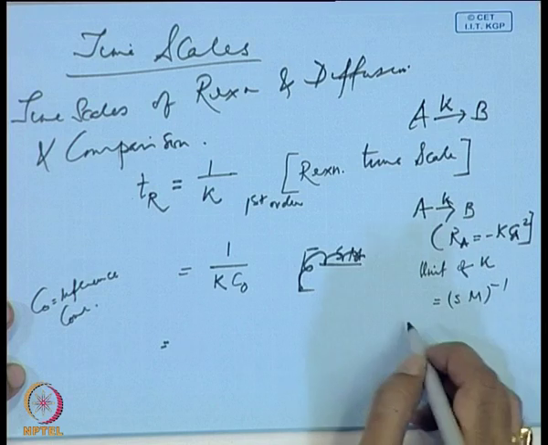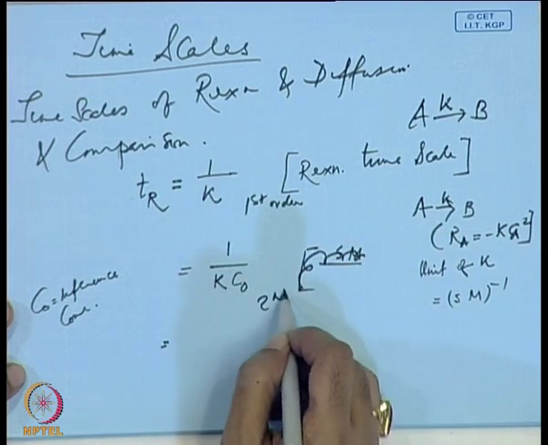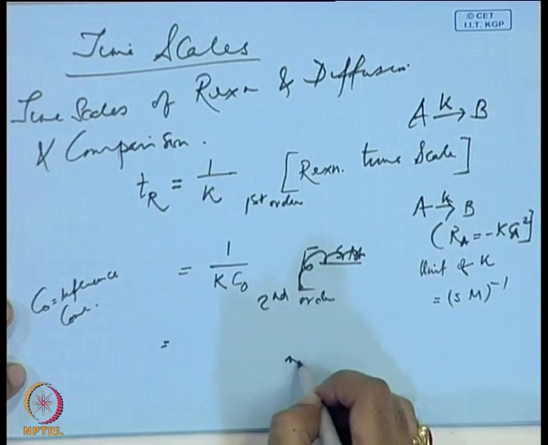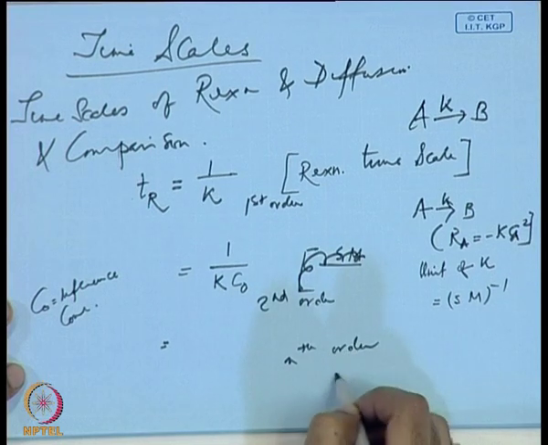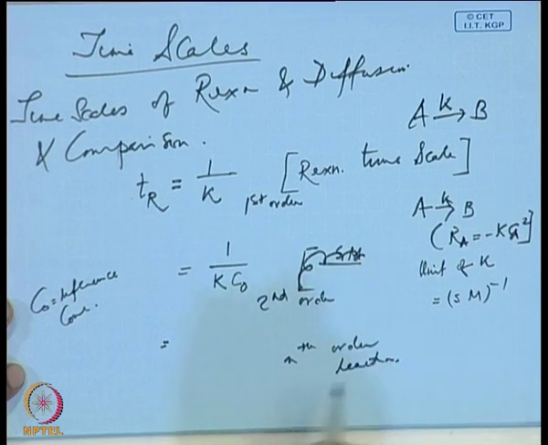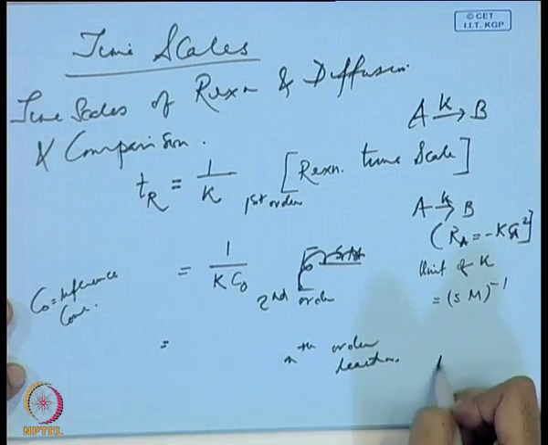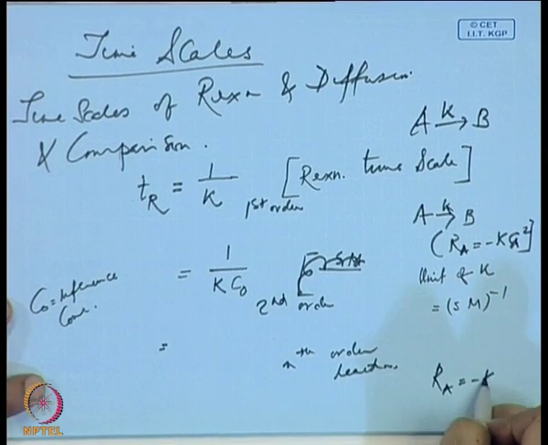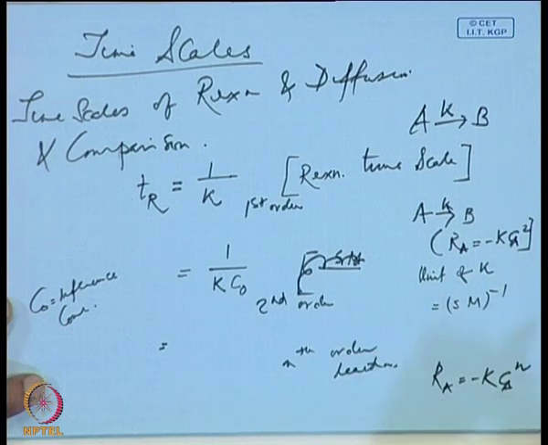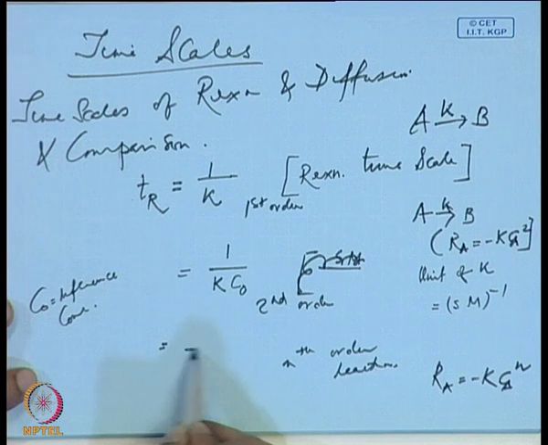Now, for any nth order reaction, so this is first order, this is second order, nth order reaction: R A equals minus K C A to the n. I do not care what it is, any reaction, let us call it. How do you rewrite that? How do you generalize this?